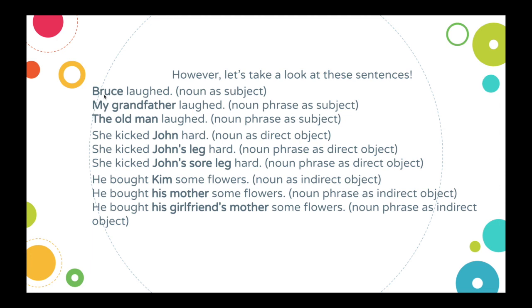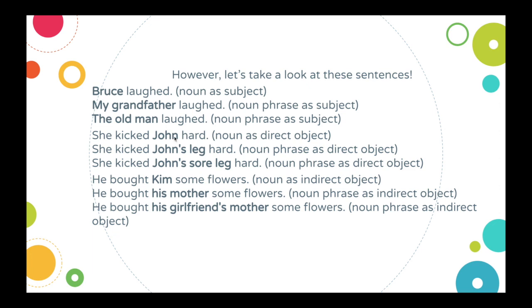But the first one is only a single word. That's why some people consider it a noun. Some linguists also describe it as a noun phrase, even though it only has one word. It's similar with my grandfather and the old man, which are definitely more than one word, so we definitely use noun phrase, because it's not just a word.